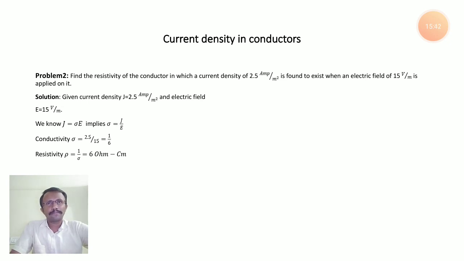So sigma becomes 1 by 6, with units ohm centimeter whole inverse. Once you know conductivity, you can easily find the resistivity of the material. Rho is equal to 1 by sigma. Sigma is 1 by 6, so rho becomes 6 ohm centimeter.